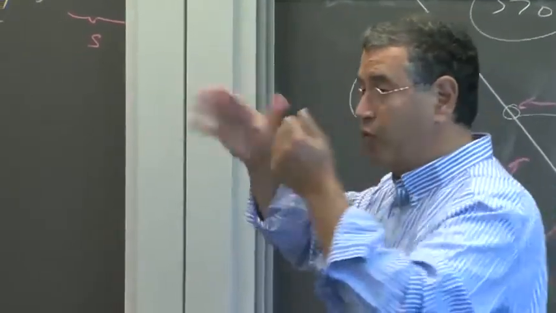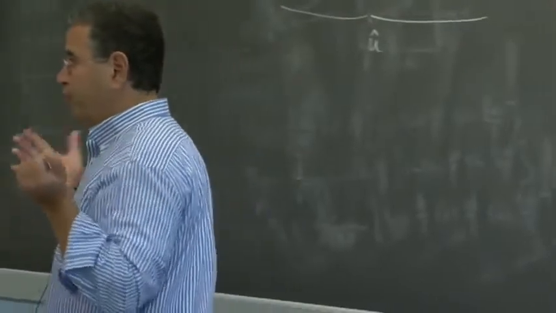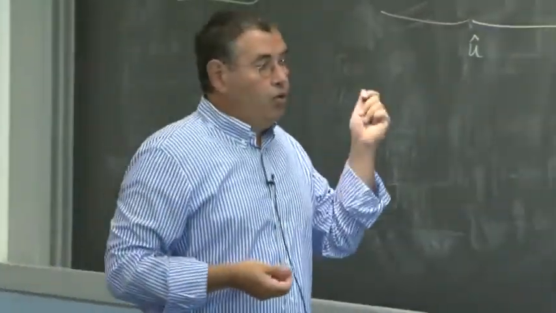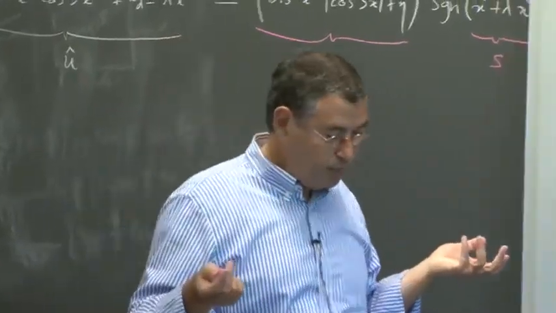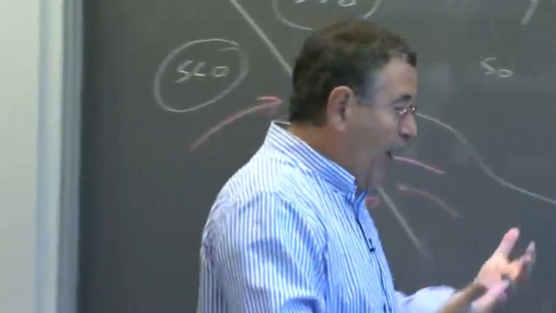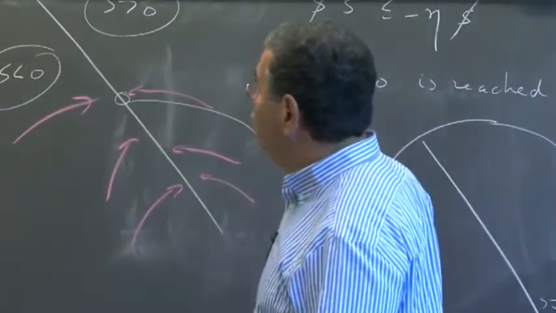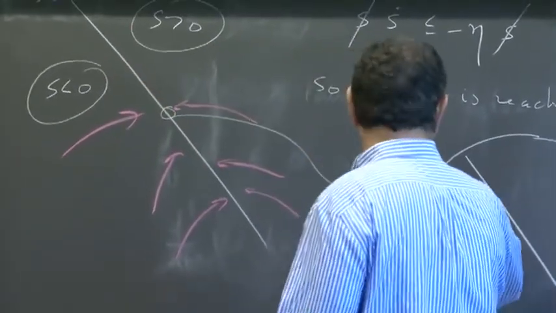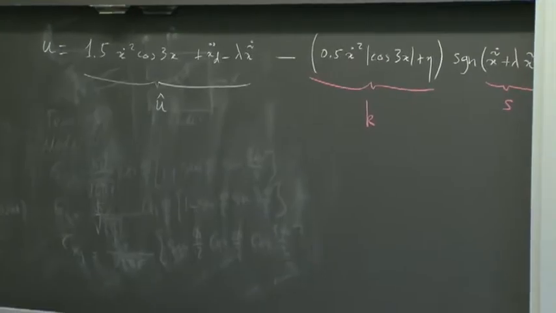Perhaps you have an observer, whatever, which based on the measurements gives you the full state, or you measure the full state. You have a computation, and you have an actuation. Okay? So what it means is that when you really implement this u equal u hat minus k sine of s, you arrive here, and by the time you've done all these little extra computations, you'll have overshot a little.